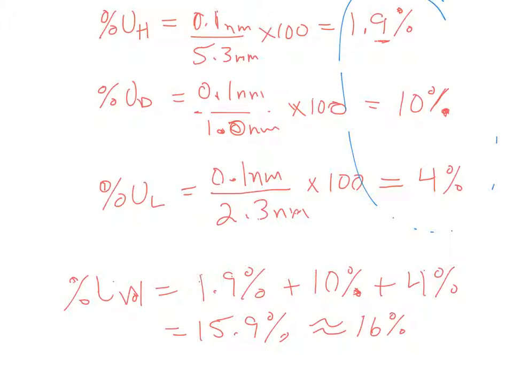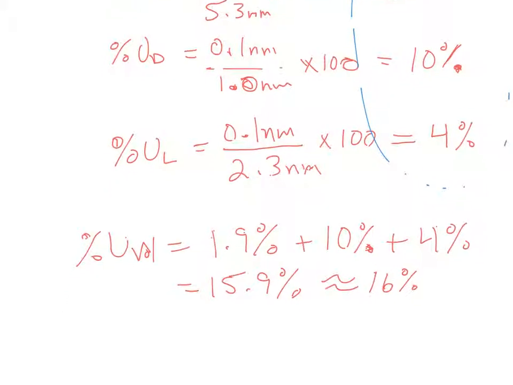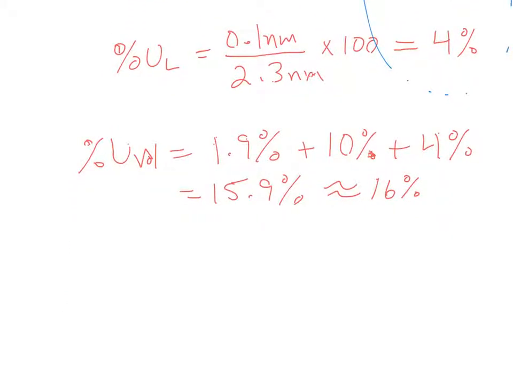So that gives me 16% as my percentage uncertainty for volume. But I'm not done there. That's just a percentage. It kind of means something, but I want to have it as the absolute uncertainty for that volume measurement. So I'm going to have to convert it from 16% to my absolute uncertainty for volume.